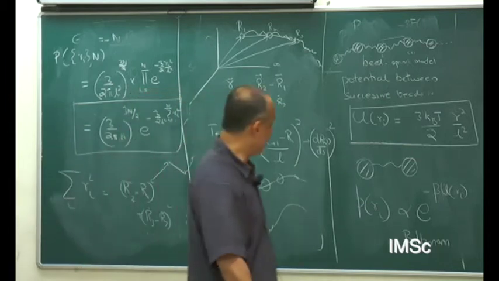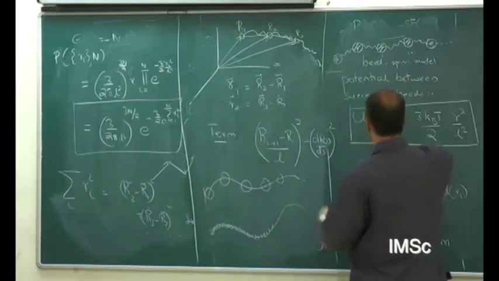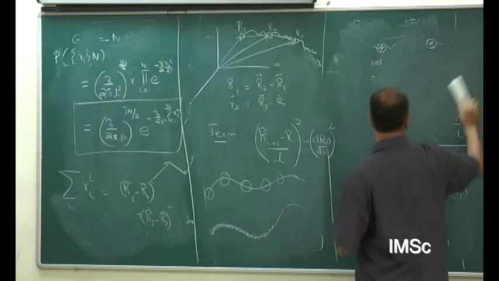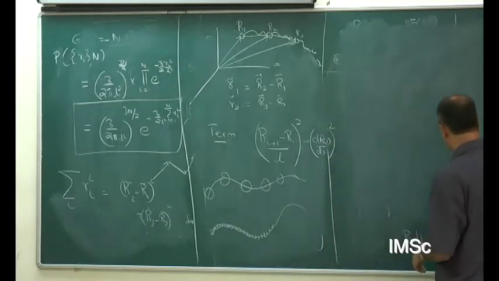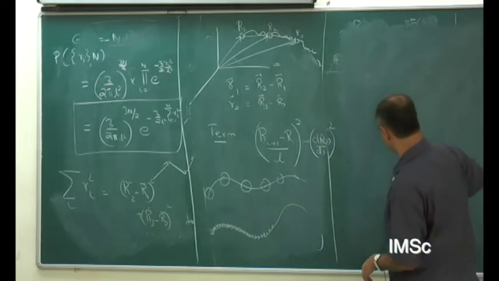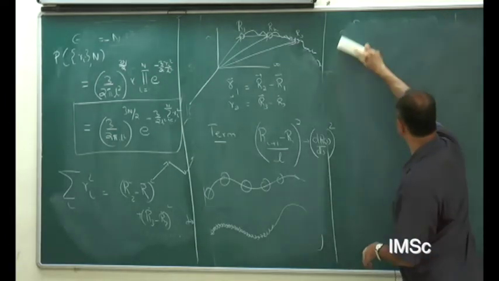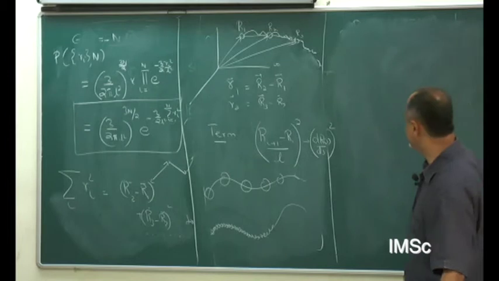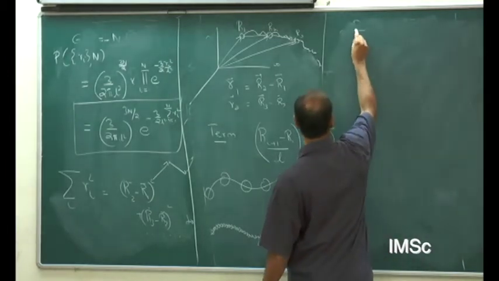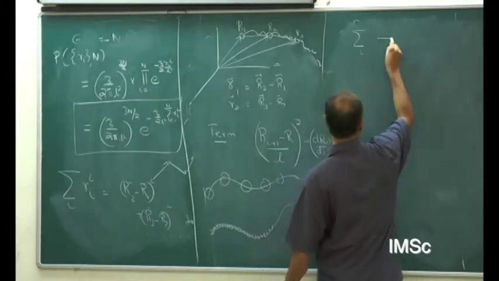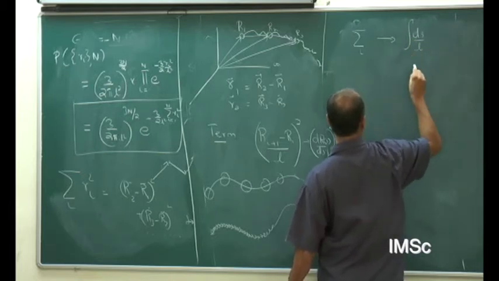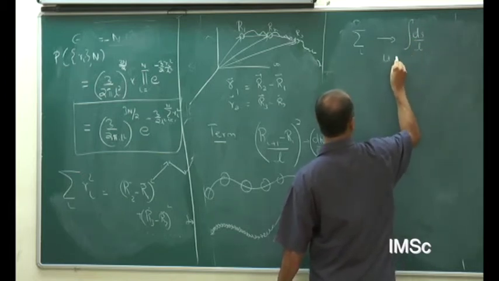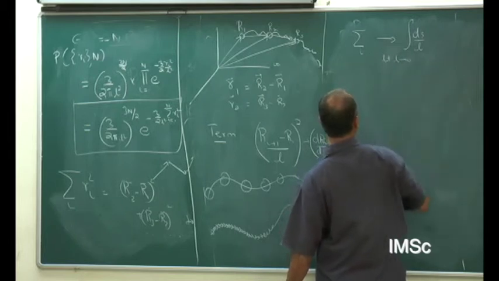We have to be a little careful about what we do with that summation here. I don't want to get into a lot of detail regarding that. So what we really need to do is to take the sum over i and convert it to an integral over S divided by this size L, in the limit that this monomer size goes to 0.